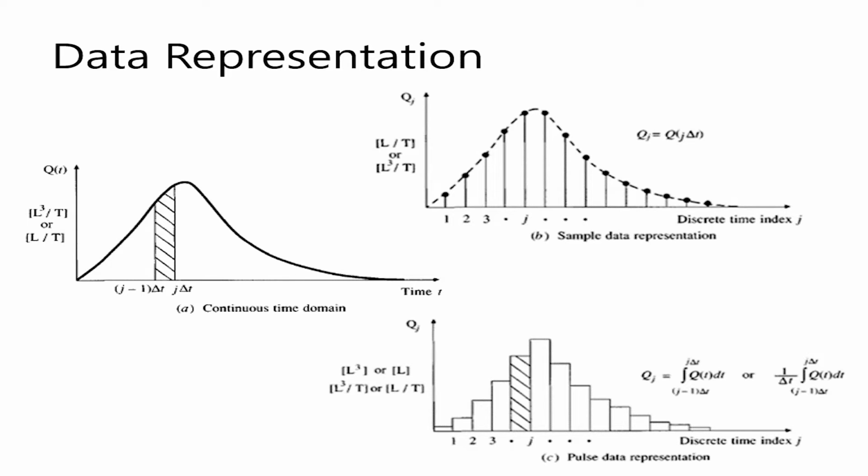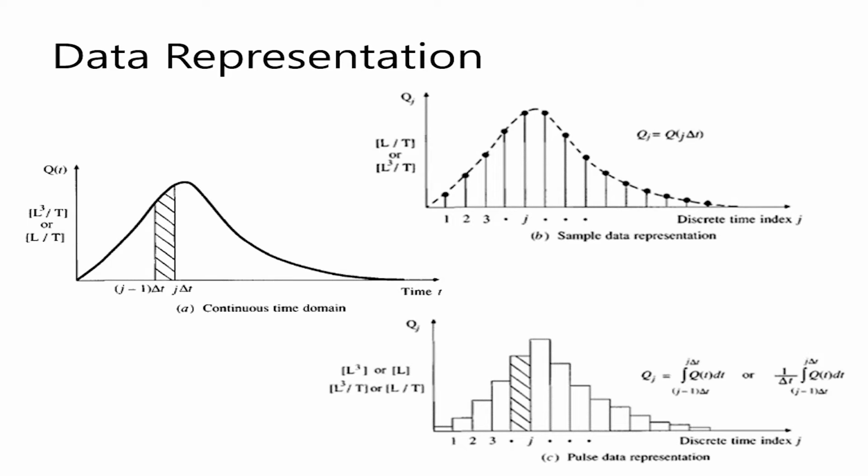The most suitable for mathematical modeling, or when we computerize it, is the pulse data representation, where the outflow is presented as a histogram, and at any time j, the outflow is the integration of q within the interval from the previous time to the jth time.